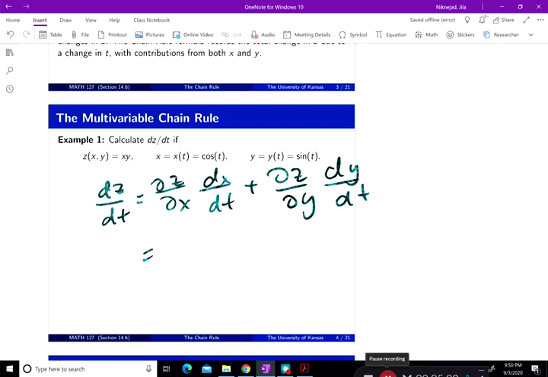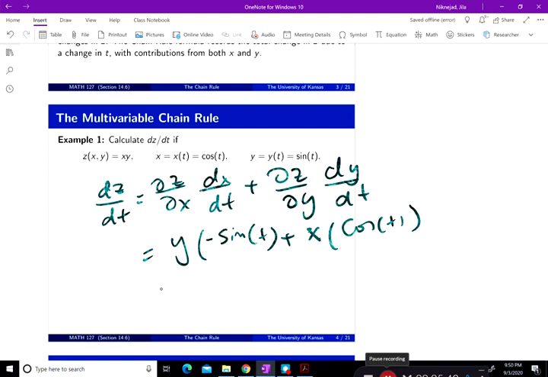So the partial of z with respect to x is y. The derivative of x with respect to t is negative sine of t. The partial of z with respect to y is x. The derivative of y with respect to t is cosine of t.